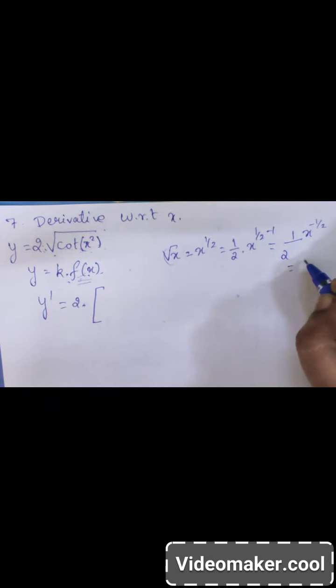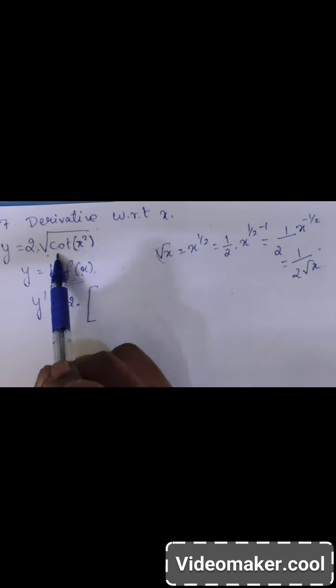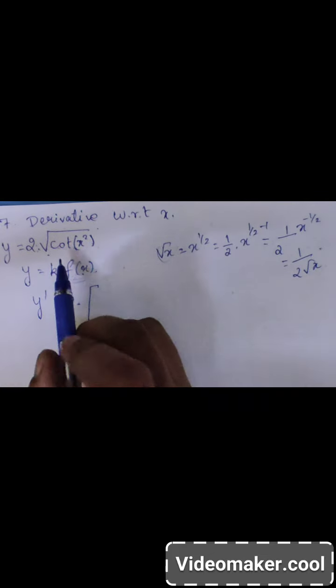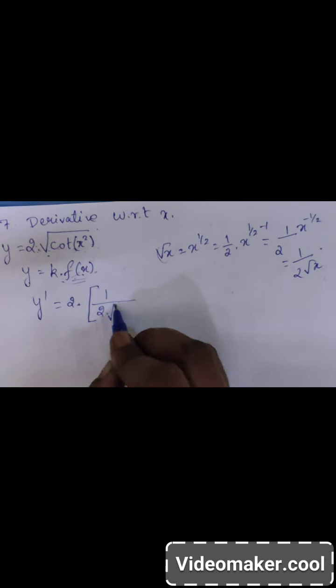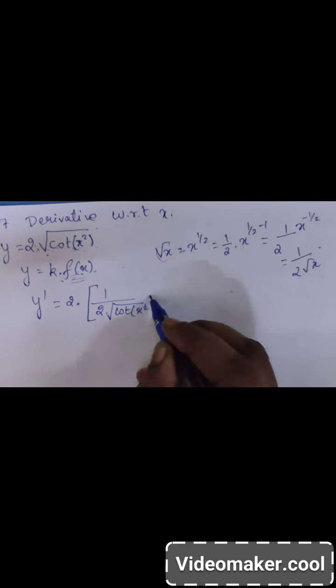This can be written as 1 by 2 root x. Now here we have cot of x square in place of x. So we will get 1 by 2 square root of cot x square.